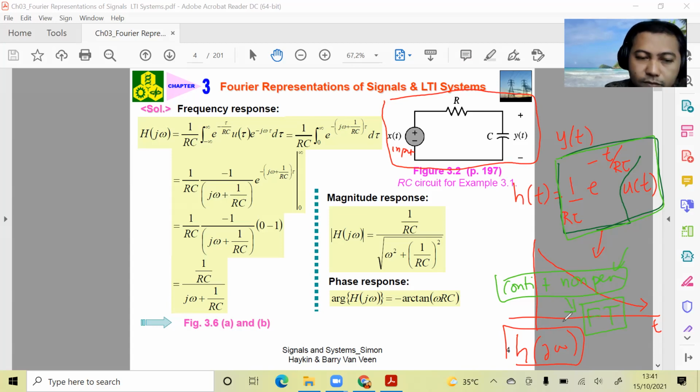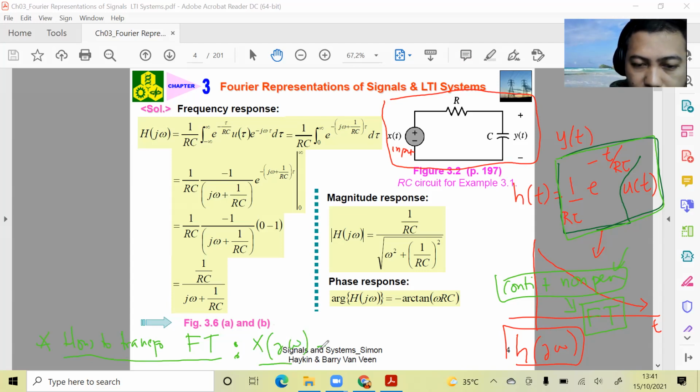And for the Fourier transform, maybe you can open again your lecture notes from engineering mathematics on how to transform using the Fourier transform, if you want to explore more. But in this case, I just let you know that the Fourier transform, for example, X(jω), this is the signal in frequency domain.